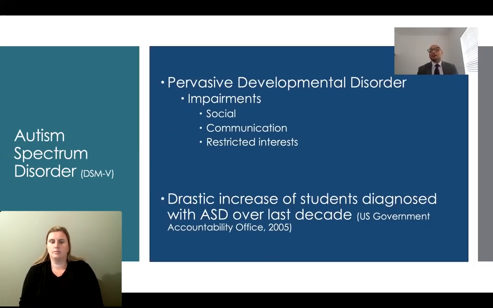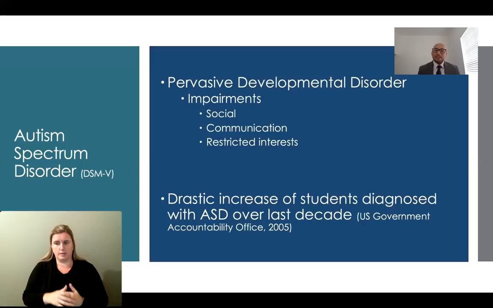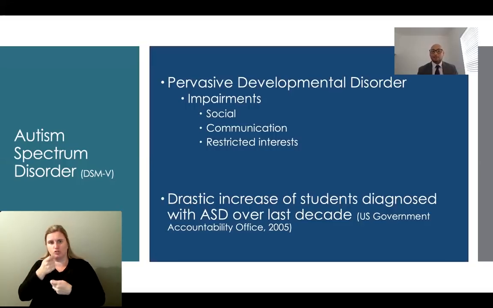So as we know, autism is a pervasive developmental disorder, which is characterized by impairments, in some cases marked impairments, in specific areas of functioning, such as the development of social behavior, communication skills, which are related to social skill development as well, and restricted interests and other behavioral patterns.